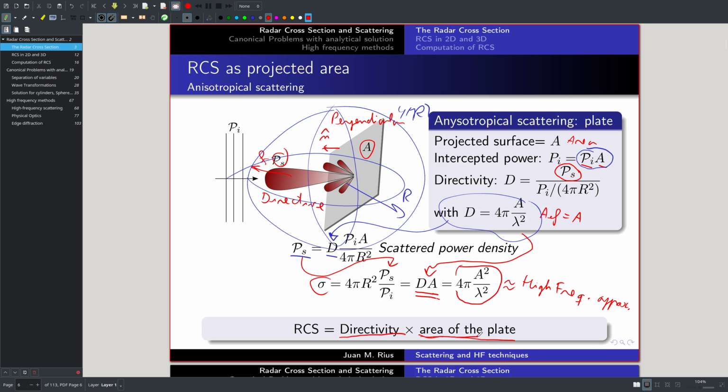In the case of the sphere, the directivity was 1 with isotropic scattering. But if the directivity is not 1, we have to multiply by the directivity. So in general, the radar cross-section or equivalent intercepting area is equal to the true physical intercepting area times the directivity of the target towards the receiving radar antenna.